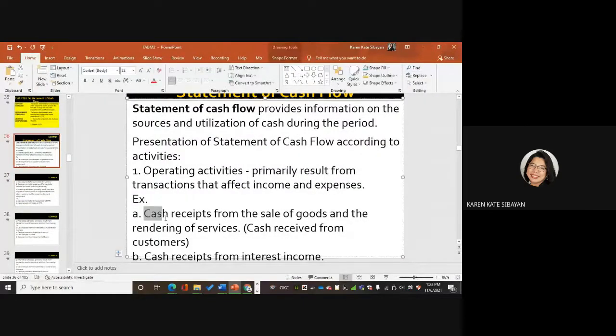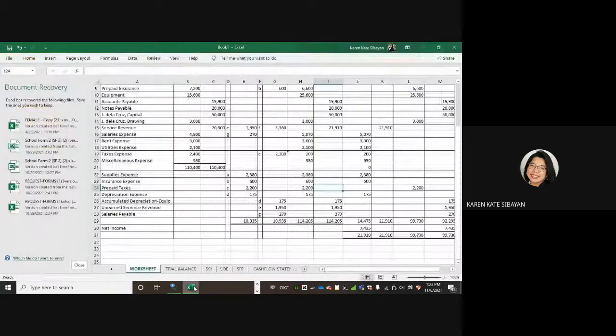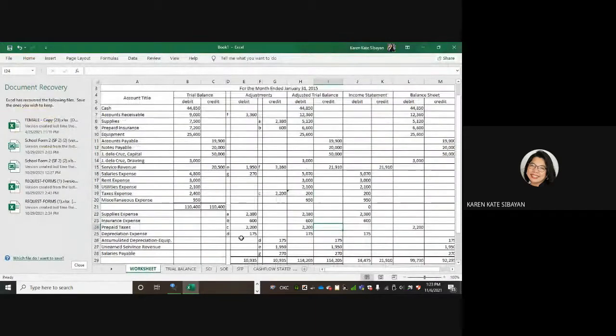Pag sinabing cash receipt, ang ilalagay mo doon is cash received from customers. Tingnan mo ngayon ang worksheet. Meron ka bang mga na-receive na cash from your customers? Oh, you have your adjustments. You have your adjusting entry.